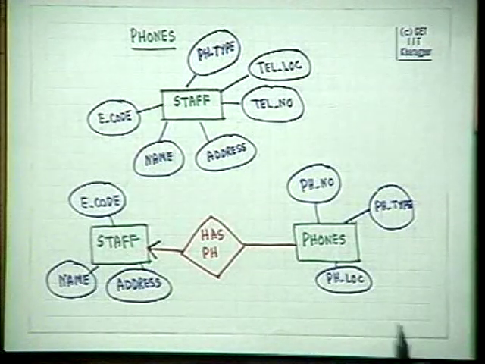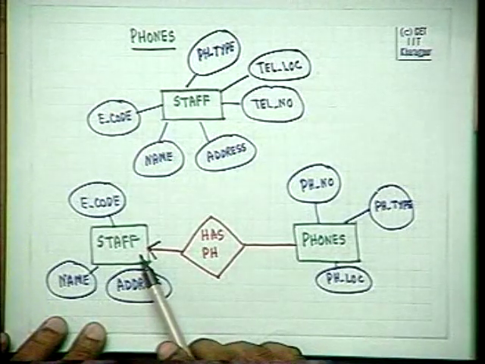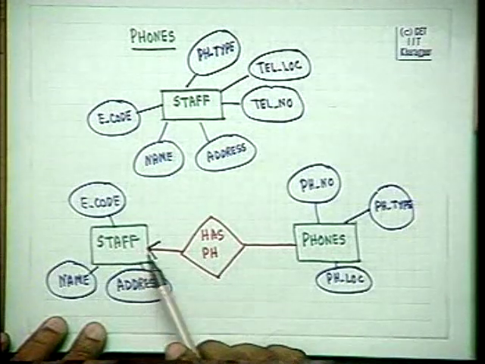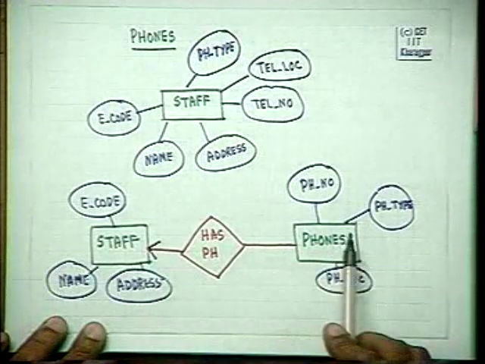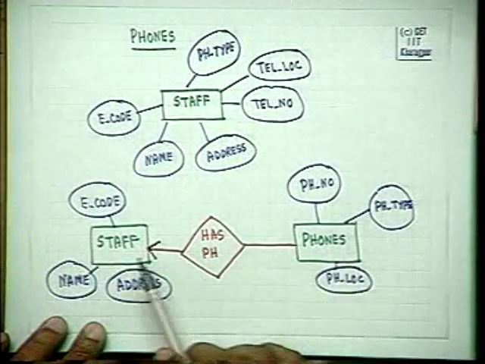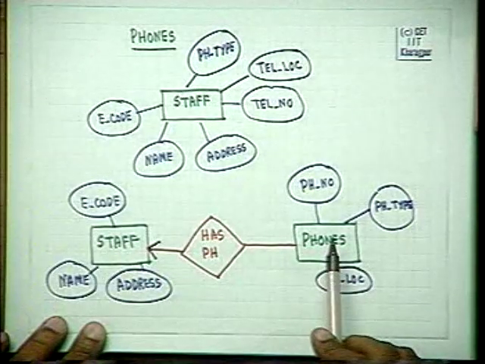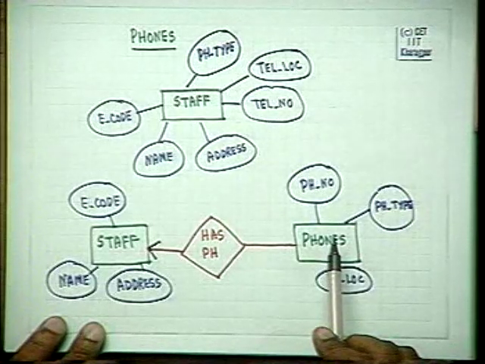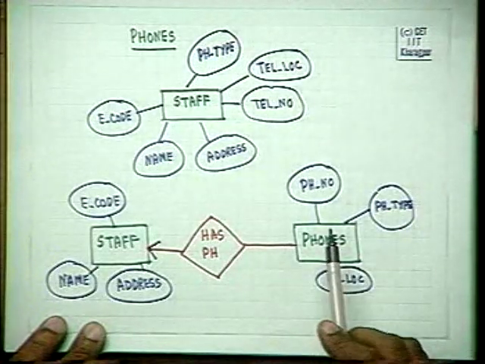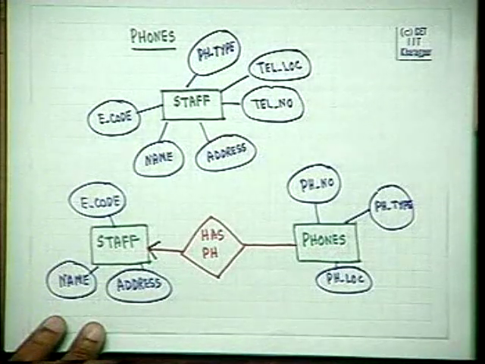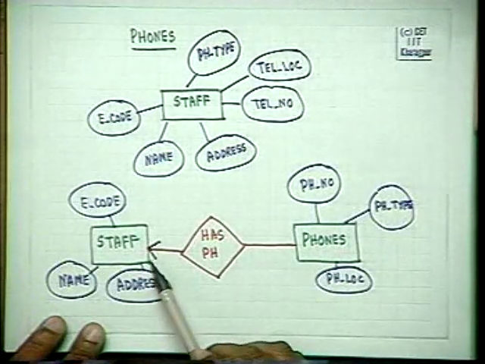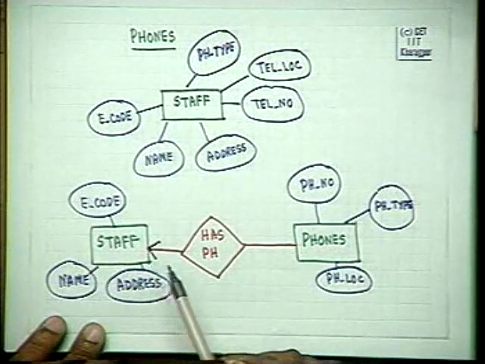This will ensure this is a one to many or one to one. So a staff can have many phones, but one phone cannot be shared with more than one staff member. So this is the constraint here.